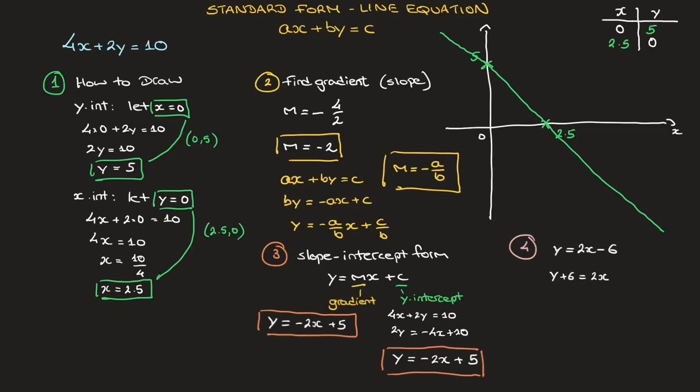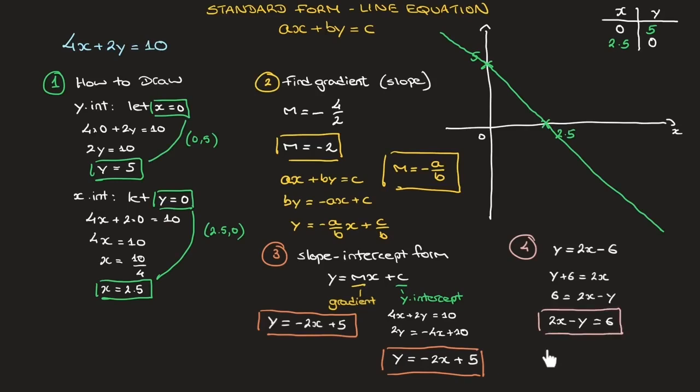Now that that's done, I get rid of the y, which is on the left-hand side, and for that, I subtract y from both sides of the equation, which leads to 6 equals 2x minus y. And rewriting this in the opposite order leads to the answer 2x minus y equals 6. And we're done. We've just rewritten this line equation in its standard form.